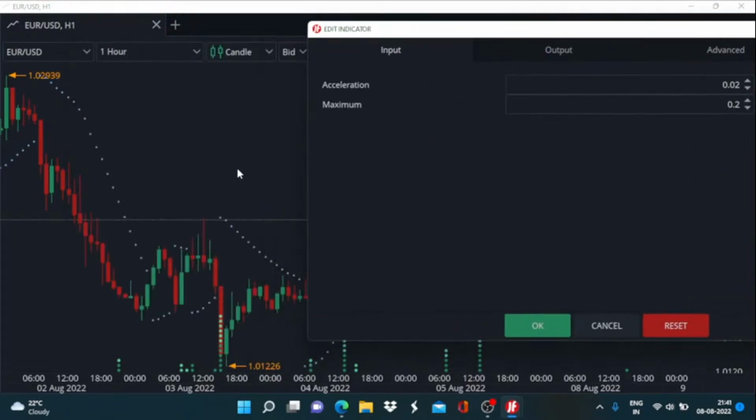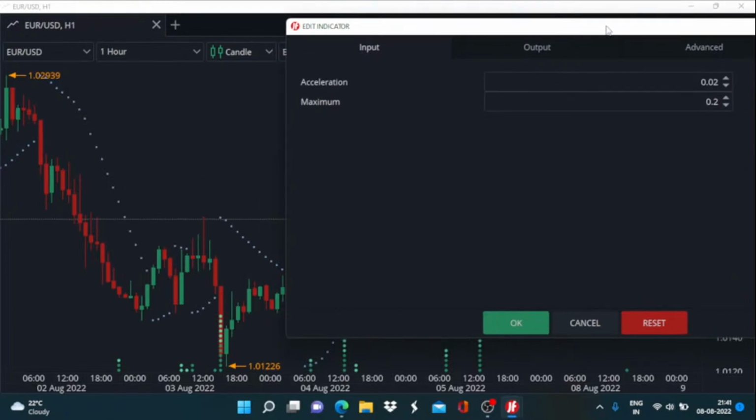Here the acceleration is used to converge the parabolic SAR's output line with the price movement. So if the acceleration is higher, whenever these price moves happen to be sharp, even in those scenarios, the higher acceleration will lead to the converging of these parabolic SAR line soon enough with this price action data.